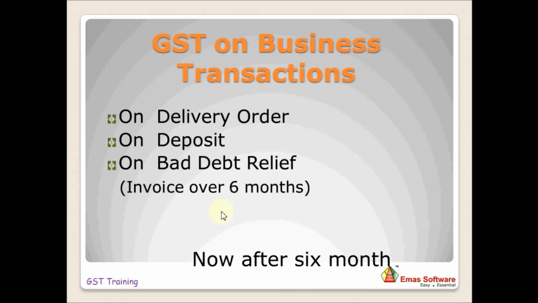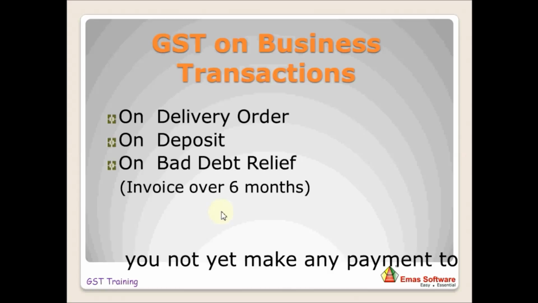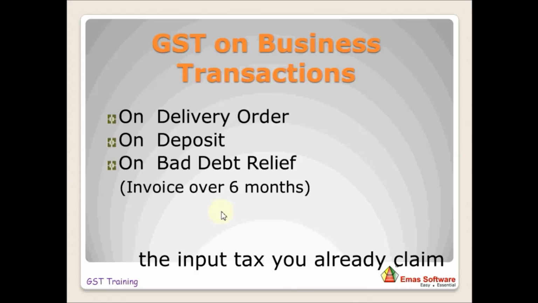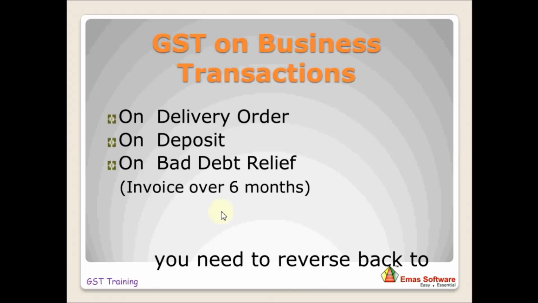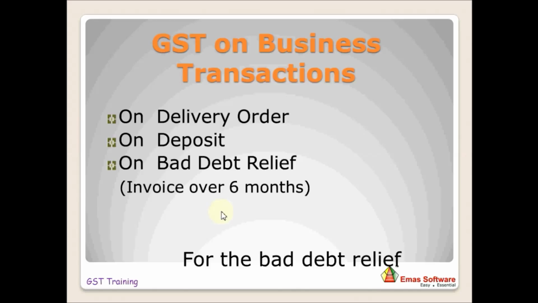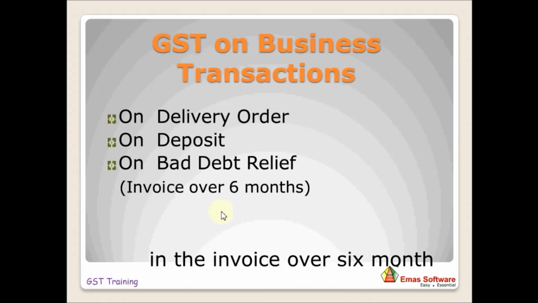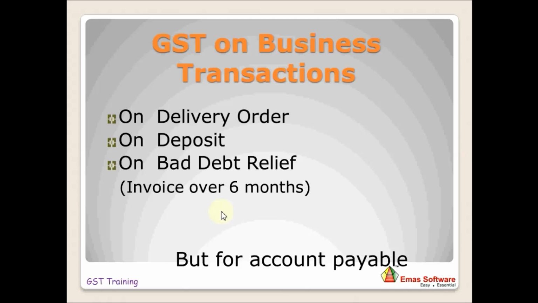Now, after 6 months, if you have not yet made any payment to your supplier, the input tax you already claimed, you need to reverse back to the government. We call it bad debt relief. For the customer invoice, bad debt relief is not compulsory. This means that you can only do bad debt relief for invoices over 6 months. But for accounts payable, you need to do this bad debt relief.